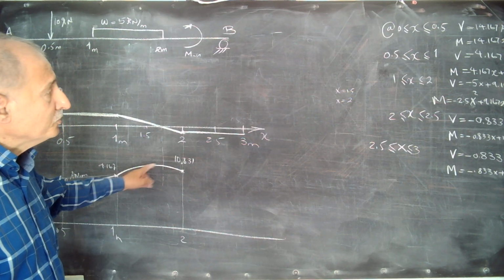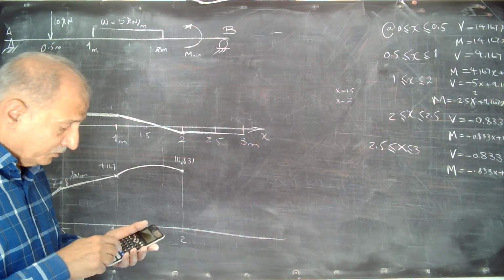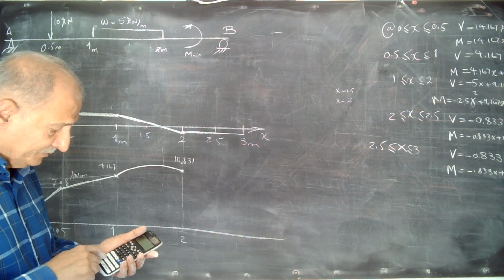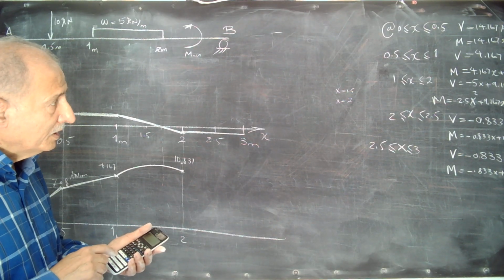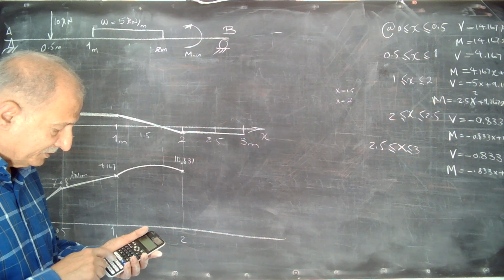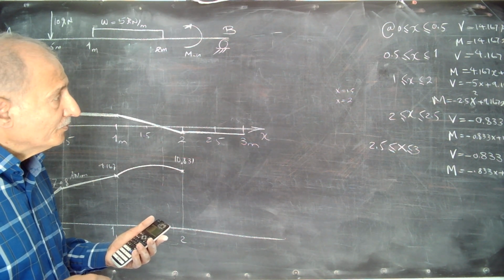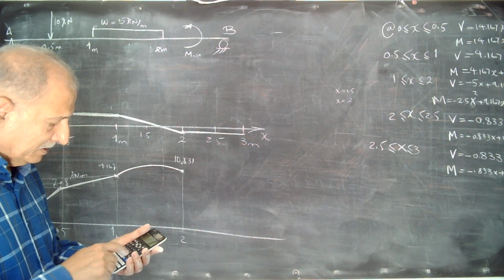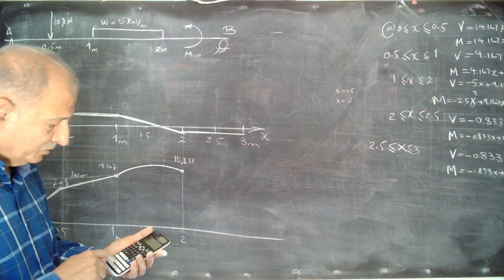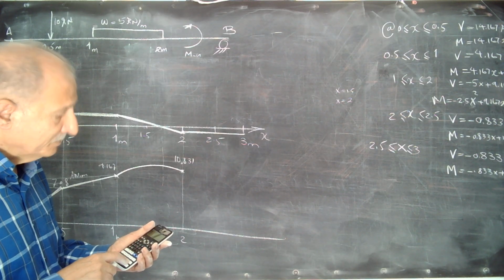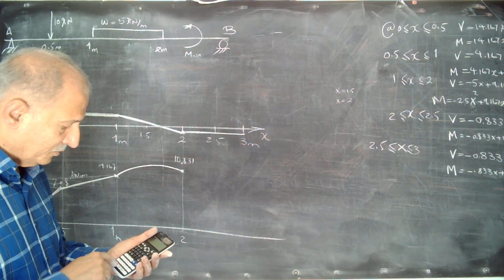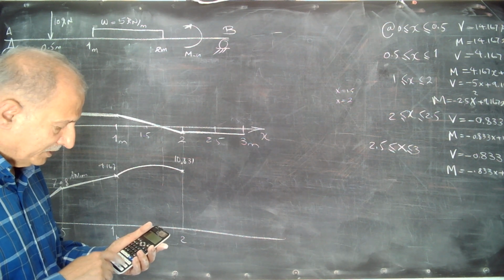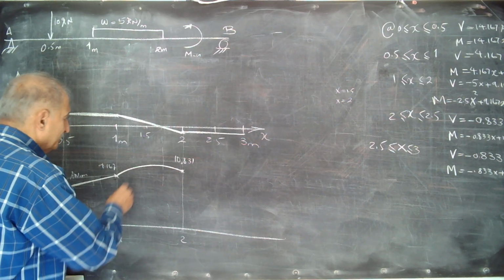If you want to find another point, you just put 1.5 into the equation between 1 and 2: minus 2.5 times 1.5 squared, plus 9.167 times 1.5, plus 5, which gives 10.62 here.